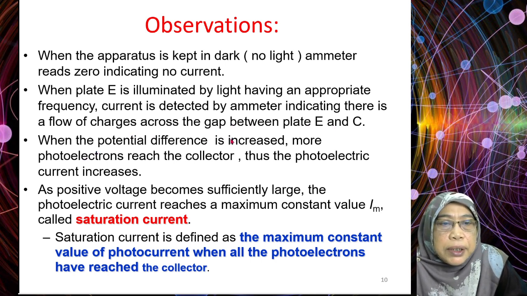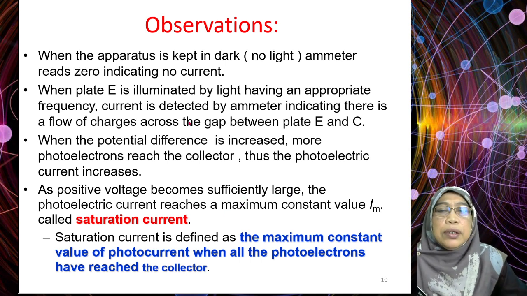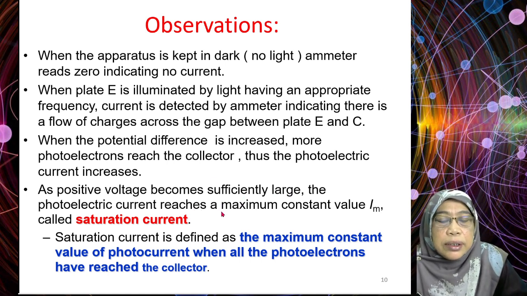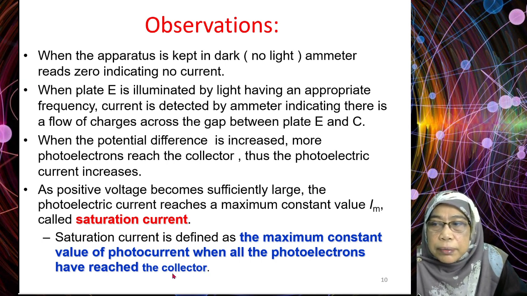When the potential difference is increased, more photoelectrons reach the collector, thus the photoelectric current increases. When the positive voltage becomes sufficiently large, the photoelectric current reaches a maximum constant value, which is called the saturation current. So it is the maximum constant value of photocurrent when all the photoelectrons have reached the collector.